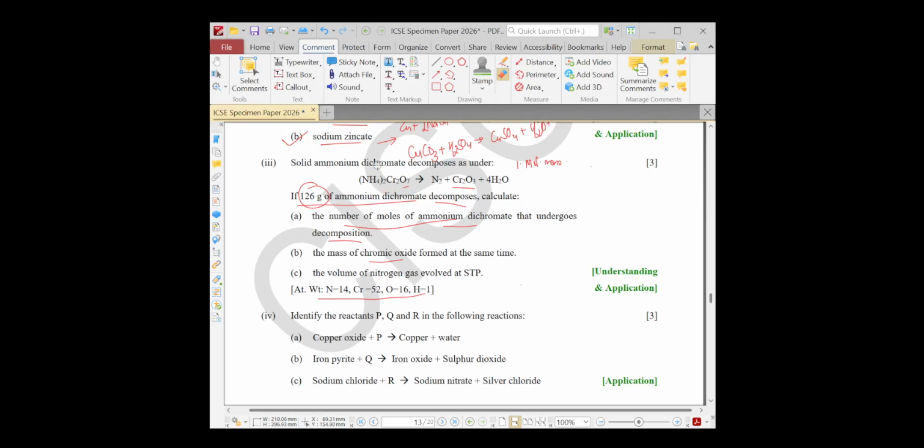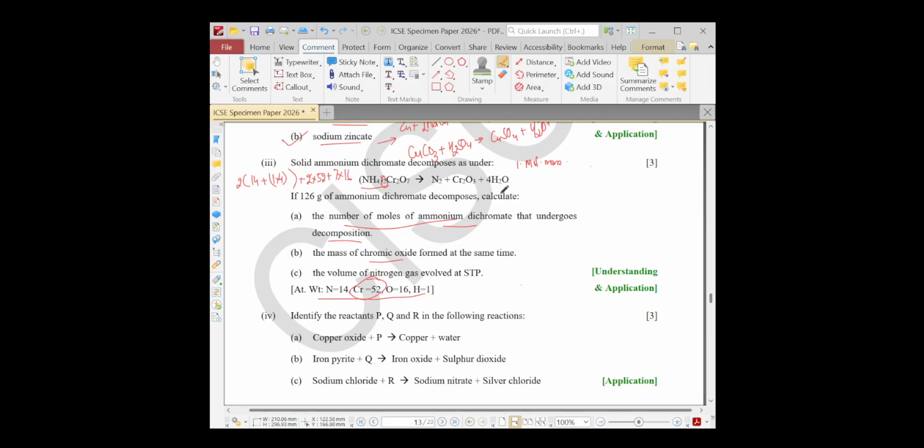So for ammonium dichromate, you put in the formula and calculate. It is going to be 252. I'm writing the first step, then you can solve later. So 2 into nitrogen, which is 14, plus 4 into 1 for hydrogen, plus 2 into chromium, chromium is 52, plus 7 into 16.